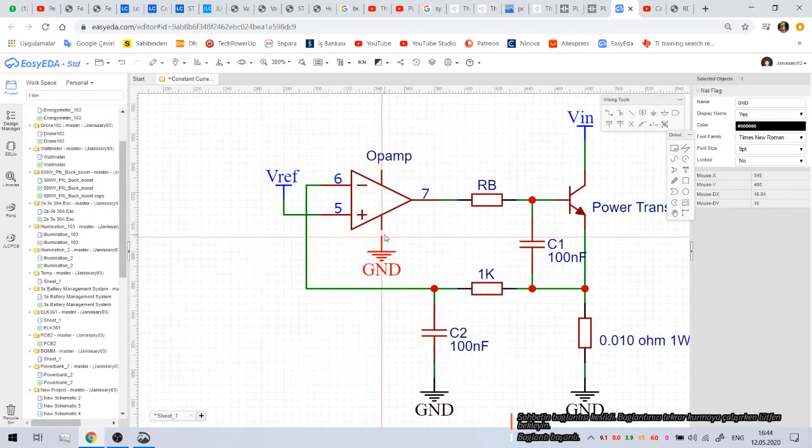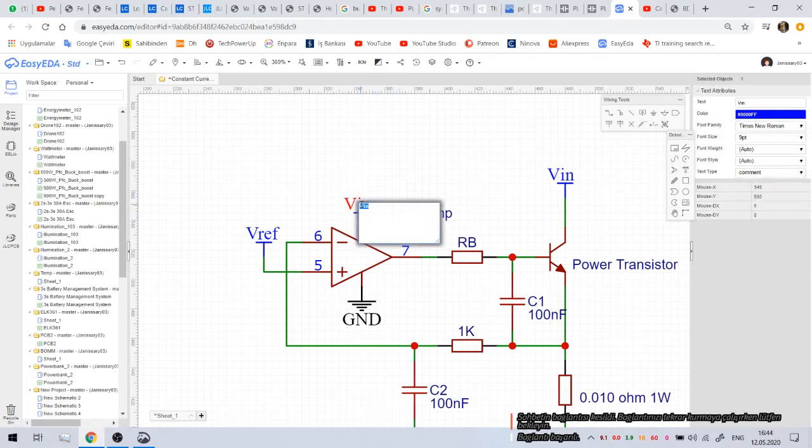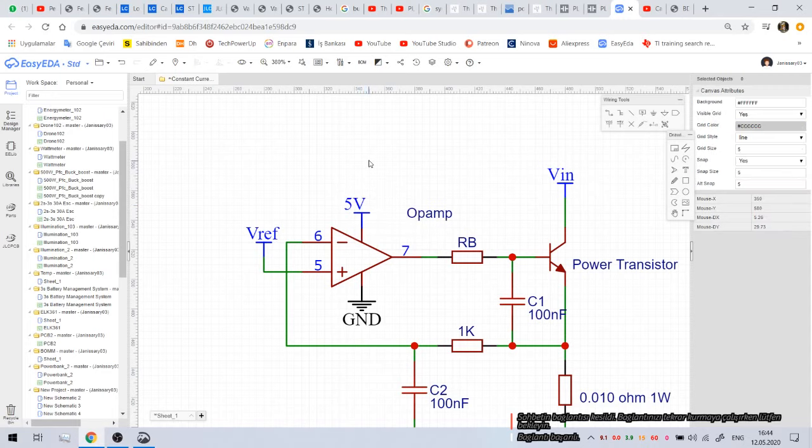Also, this is our ground, and this is our 5-volt rail.